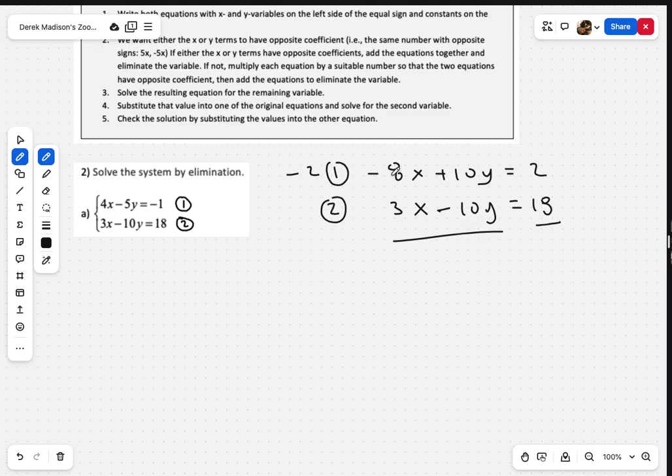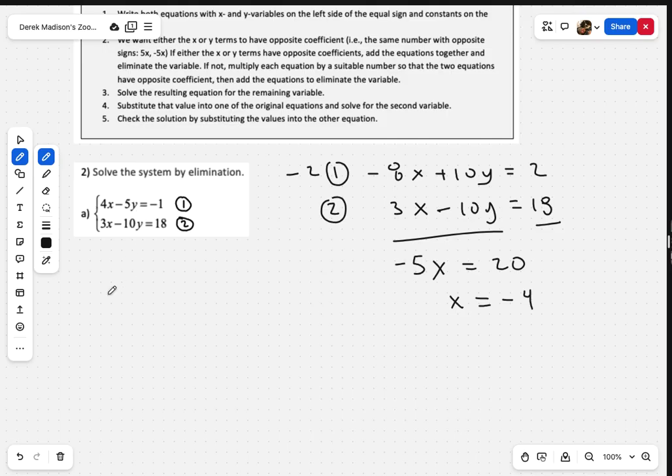And I have negative 8 plus 3 would be negative 5x. And then on this side, those are gone, and then this would be 20. And then dividing by 5, we have x equals negative 4. Once we've found negative 4, we can substitute back into the original equations, and we'll solve for the other variable, which in this case would be y.